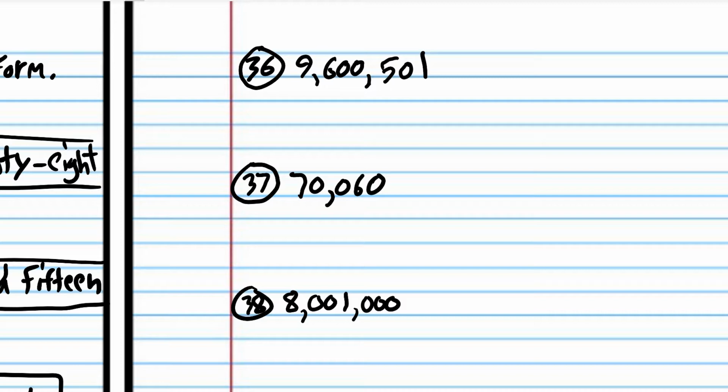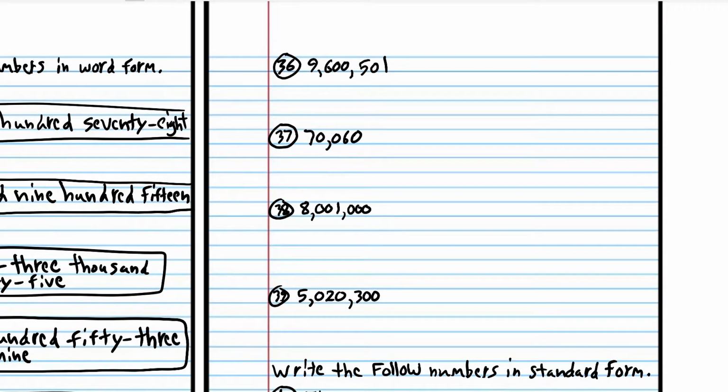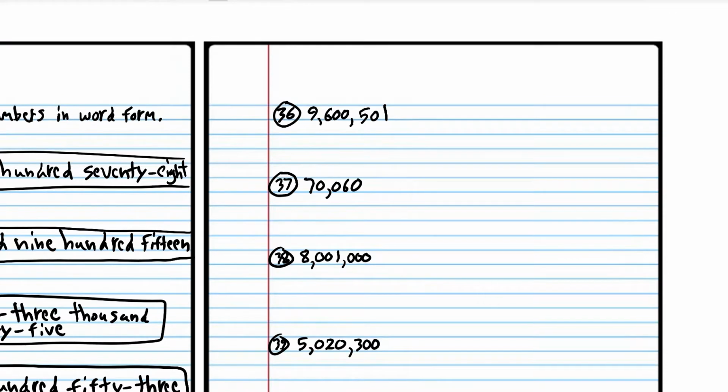All right, we're back. Number 36. Go ahead and do 36 through 39, and I'll go ahead and do those with you. In fact, let's do this first one together. This third period here is the millions period, so you say 9, and then the comma is when you say the name of the period preceding it. So 9,600,501.